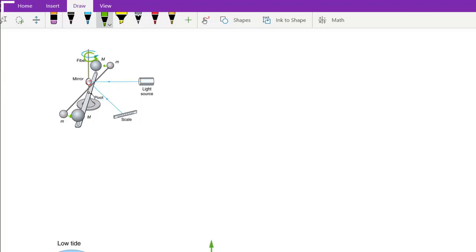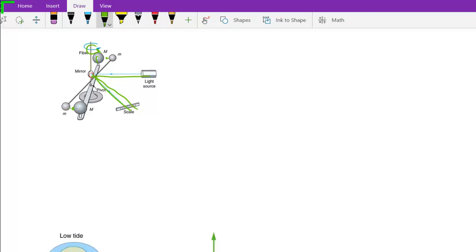And then knowing the properties of the rod and using a light to hit this mirror, we can see how the angle changes. So we know how much the rod rotated, and we can say how much force was generated by placing these masses next to each other to get this rod to rotate.